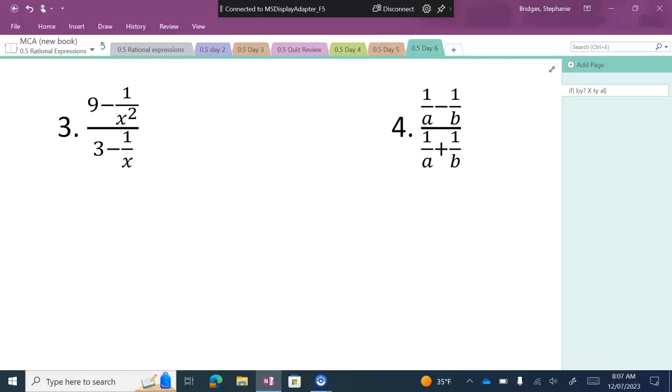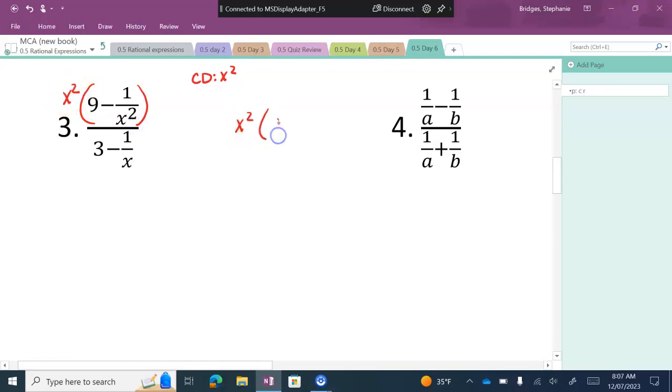If my two small denominators are x squared and x, what would that common denominator be? X squared. I just want to get you started here. Okay, so we're going to multiply that whole thing by x squared.